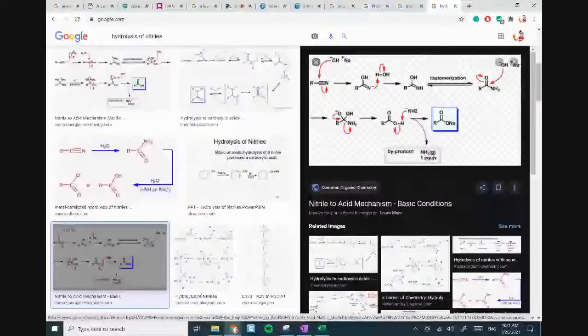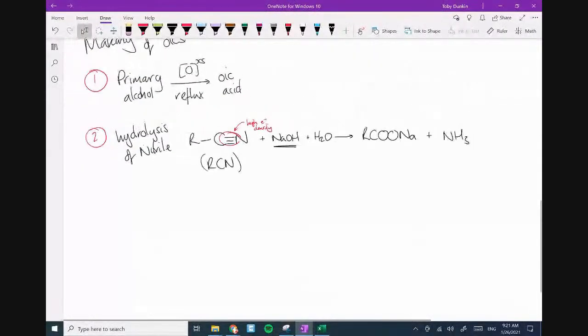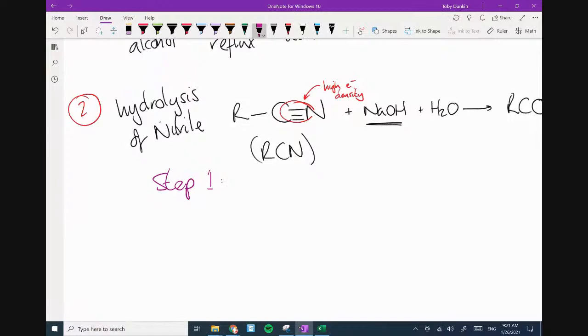I was going to have a go at building that. By the way, guys, we're not finished though. So the hydrolysis of nitriles, step 1 is to reflux with sodium hydroxide solution.